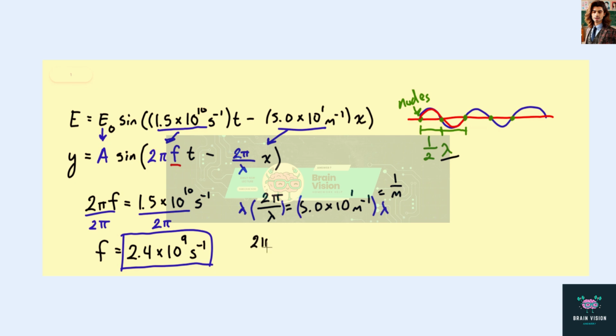This becomes 2 pi equals 5.0 times 10 lambda. And now, in order to isolate that wavelength lambda, I'm going to divide by this value here on both sides of the equation.